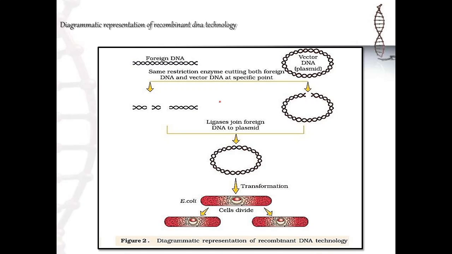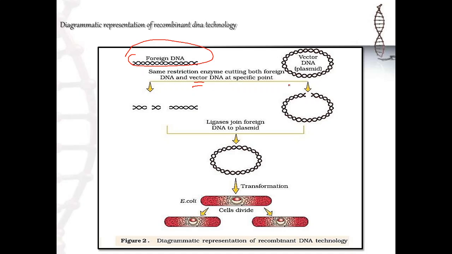So here you have the diagrammatic representation of recombinant DNA technology. We have the foreign DNA, or the desired DNA carrying the desired traits. Again, the same restriction enzyme cuts both the foreign DNA and the vector DNA.